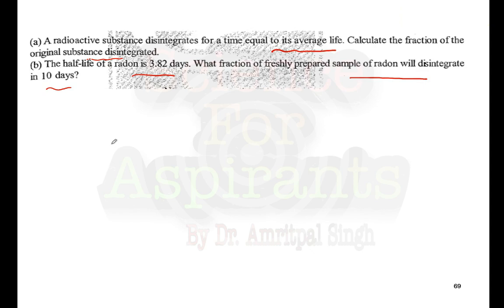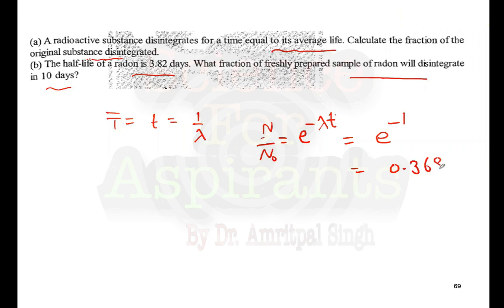So the average life is equal to 1 over lambda, we know, and from the decay equation, N over N naught is equal to e raised to minus lambda t, and t is equal to 1 over lambda, so this comes out to be e to the minus 1, which is equal to 0.368.